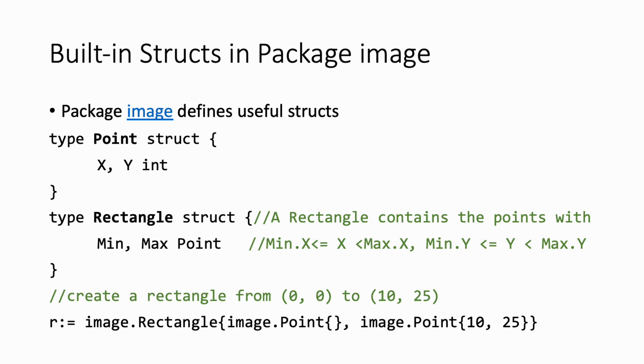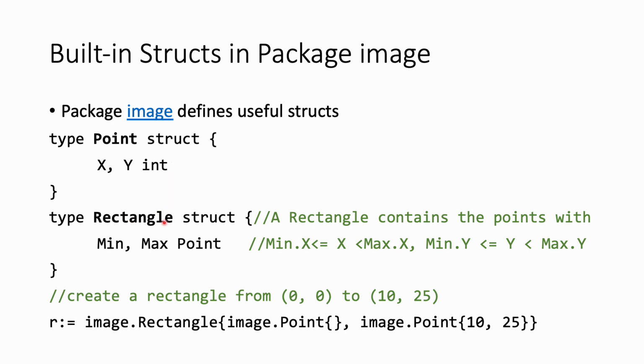Now let's explore some built-in structs in the package image because we will use this package in many examples later. Package image defines many useful structs. Two of them are struct Point and struct Rectangle. The struct Point is the same as the struct Vertex in our previous example.